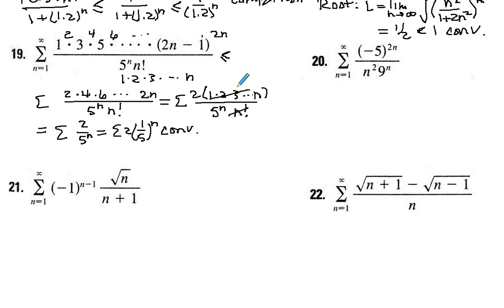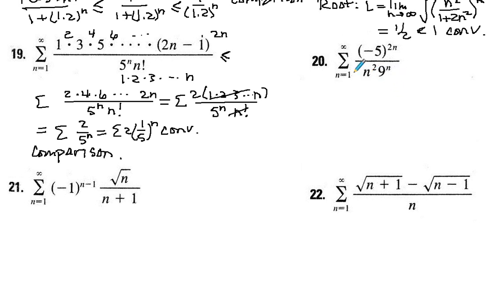So with direct comparison, we know this one is less than this one, which equals this, and we know that that converges. So this is just a straight comparison test, but you had to be a little bit clever about it. Since this bigger series converges, the smaller one will too.